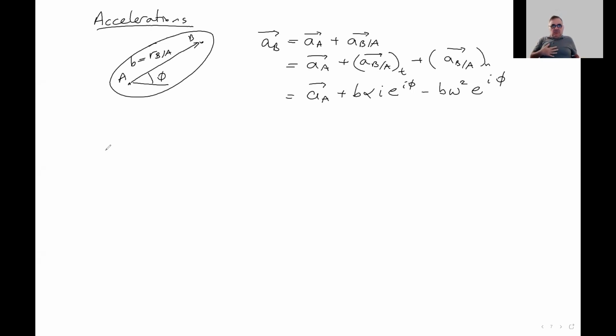Okay, tangential and normal components. So let's say that this is the acceleration of A.